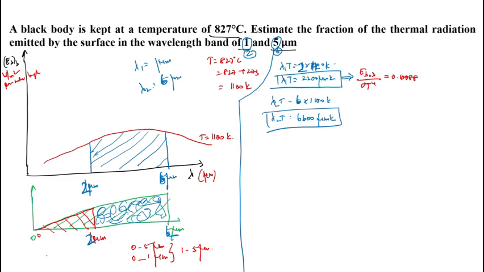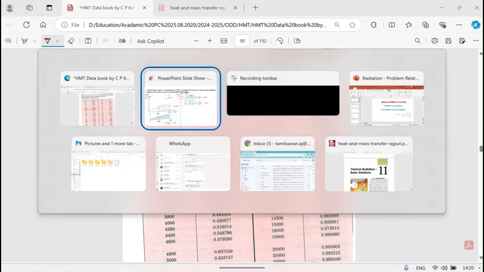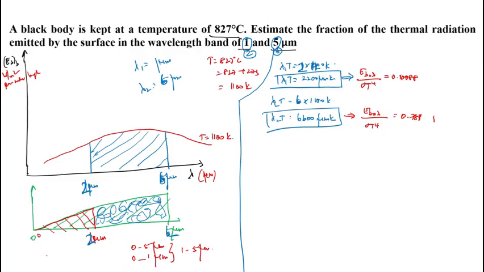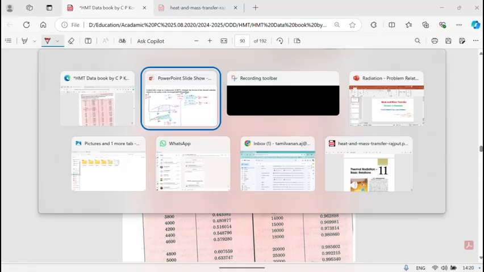Then at the other condition, EB0 lambda divided by sigma T to the power of 4 at the lambda T condition is equal to 0.783199, and the first value is 0.100888.